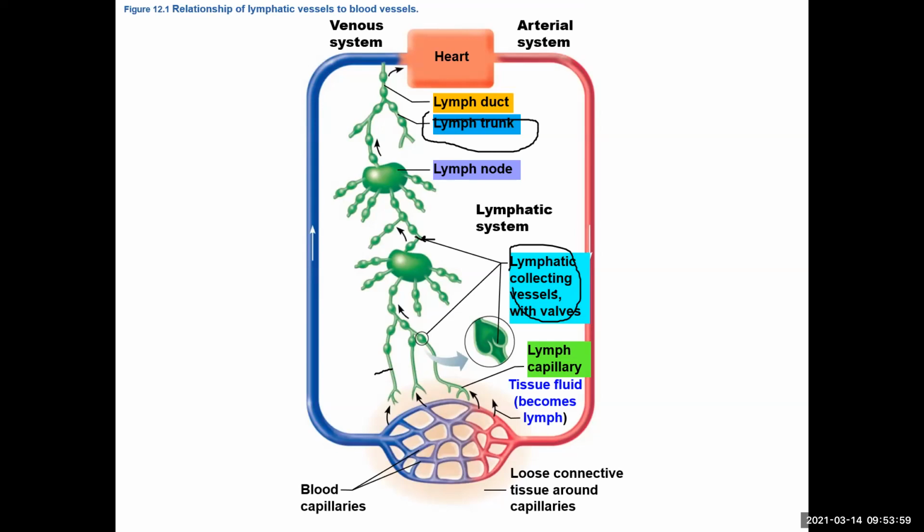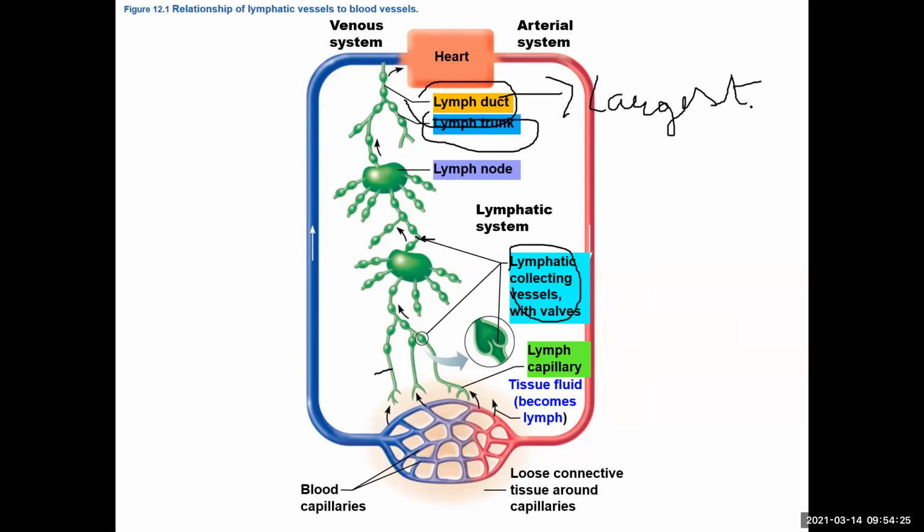The trunk is bigger than the collecting vessel. After that, many trunks join together. They have not shown it clearly over here, but many trunks join together to form a bigger vessel called a lymphatic duct. The largest of all is the lymphatic duct.